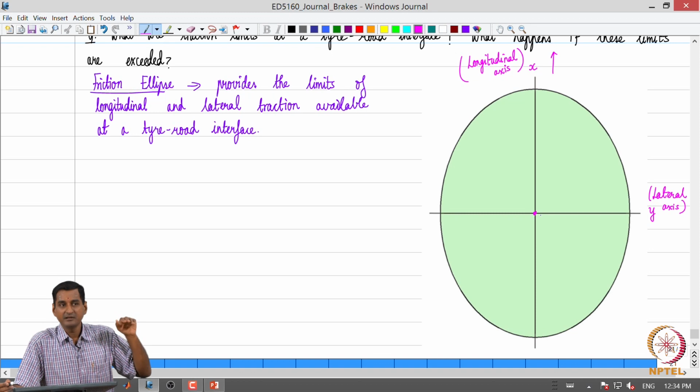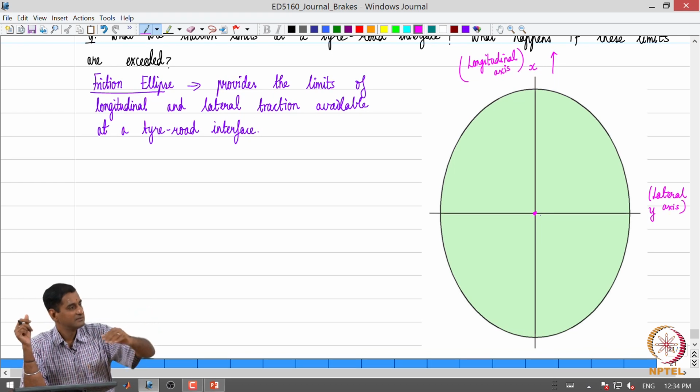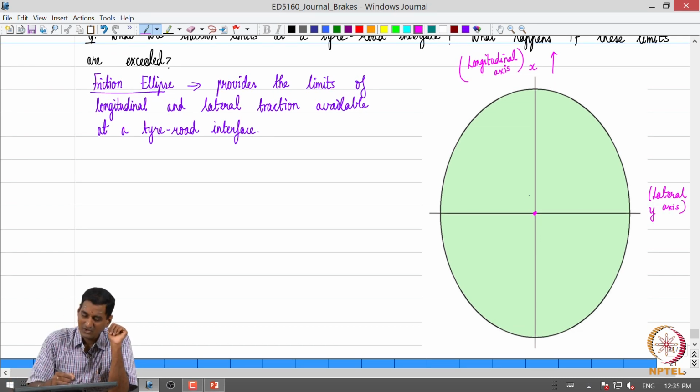So, what is going to happen? I am neither commanding my powertrain nor commanding my brake. Slowly the vehicle will start to slow down and it will stop after some time. That is what is called a coast down maneuver. So, this origin corresponds to coast down, if nothing happens.